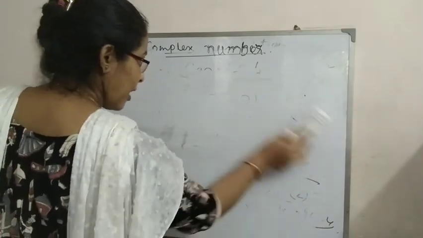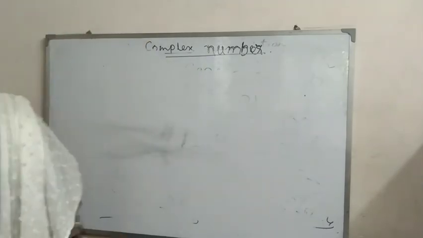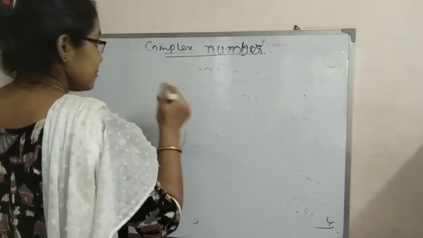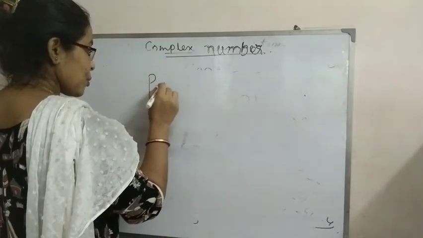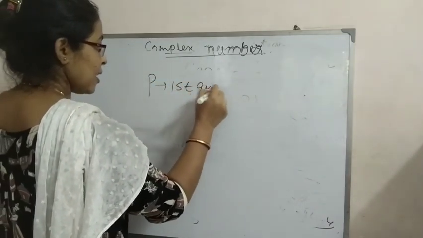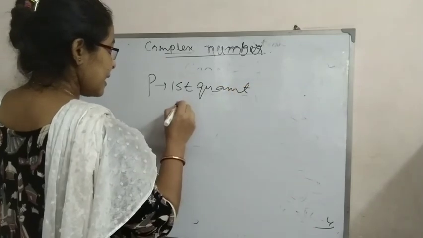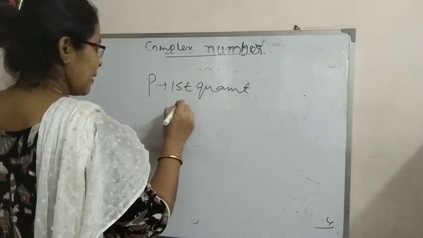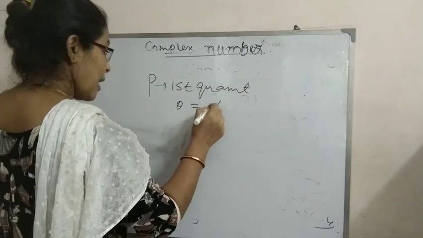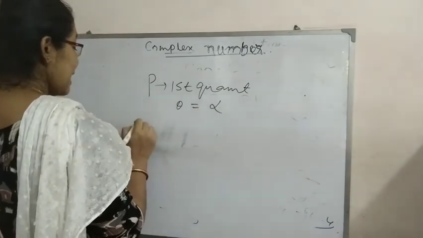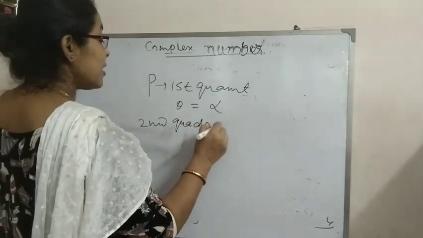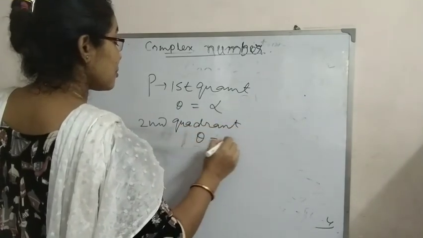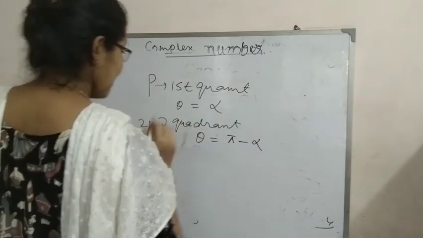That means I have learned 4 cases. When P lies in the first quadrant, then theta equals alpha. When P lies in the second quadrant, then theta equals pi minus alpha.